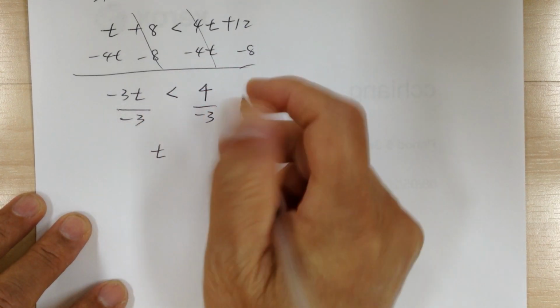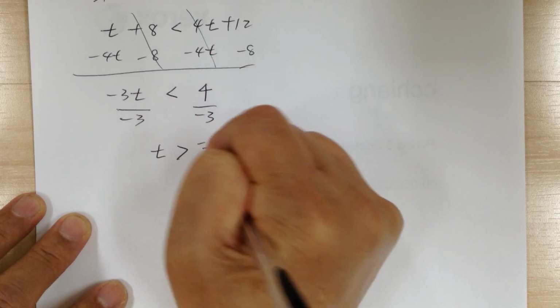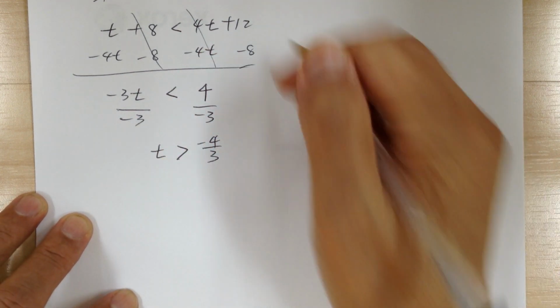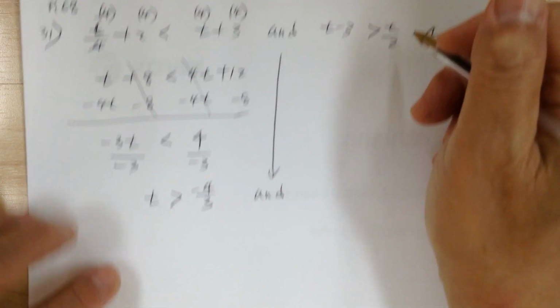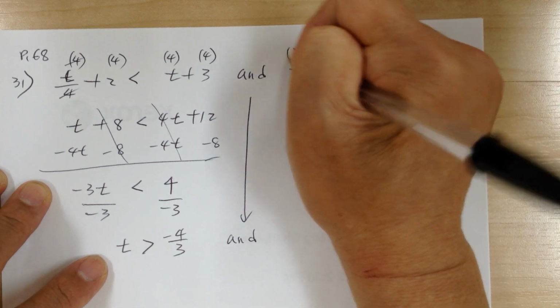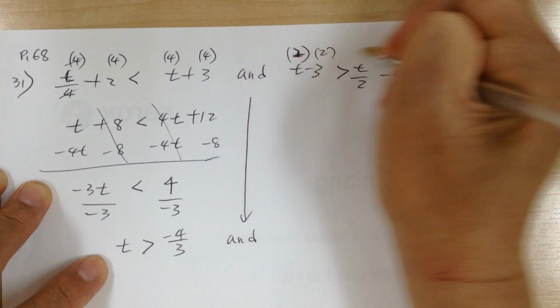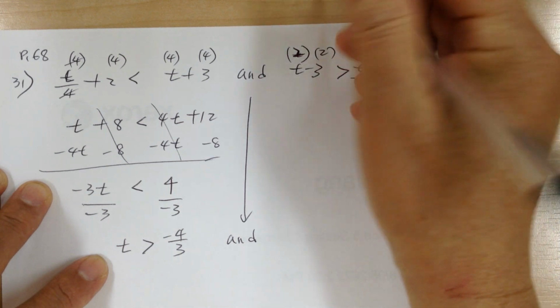So you got t. Now, when you divide by a negative number, you change the direction. Okay? Now you have to put down the "and." For this one, multiply by the common denominator, so multiply by 2 on every term. Again, write everything down so it's easier to visualize.